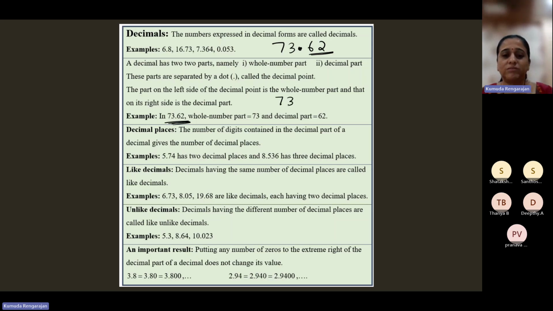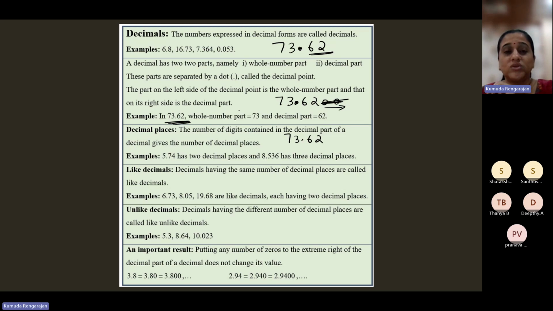So 73.62, say with 00 after it, is nothing but 73.62. When you write zeros to the extreme right of the decimal number, after the decimal point, we say they're not valid. They have no meaning. You can just remove them.